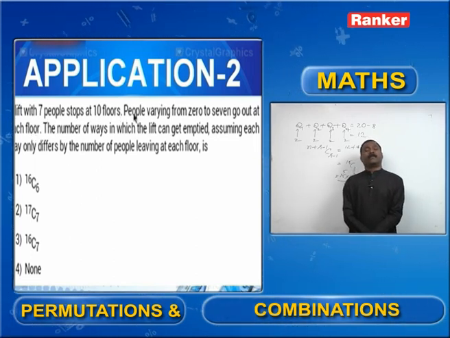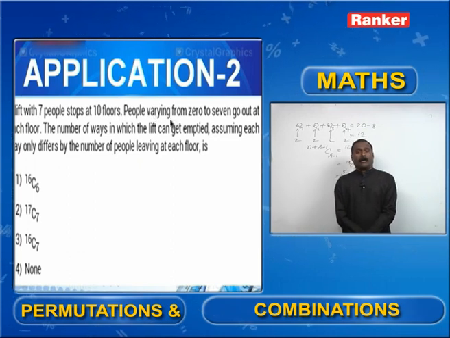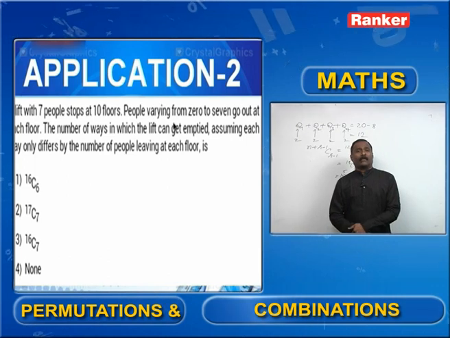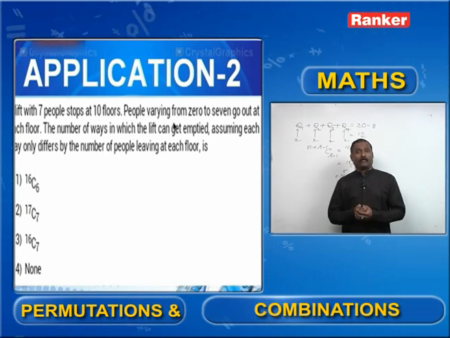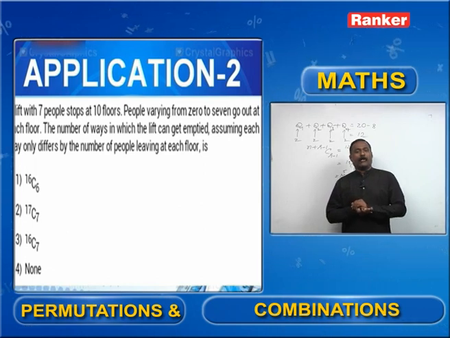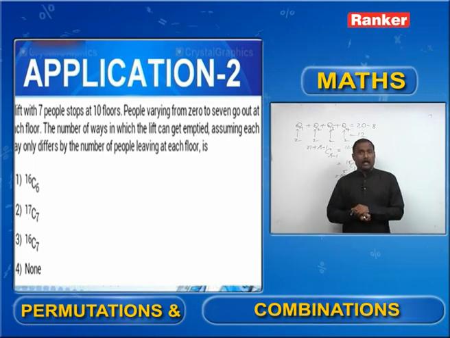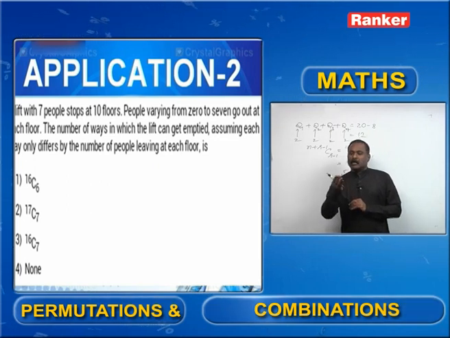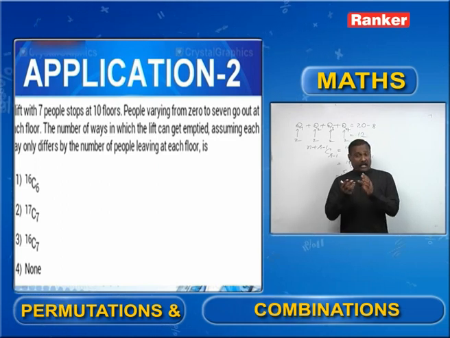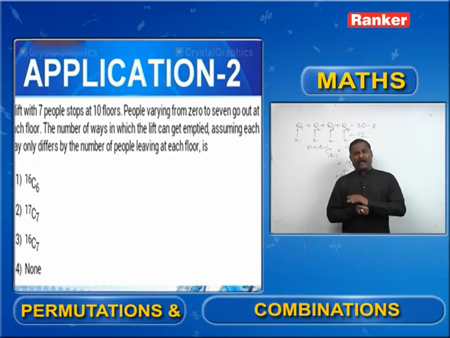And these people may go out at a floor or may not. That means all the people may go out at only one floor, or no person will go out at some floor. That means it ranges from 0 to 7. Then you can get the answer straight away.